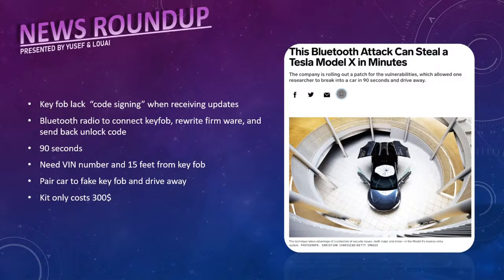The thing is, when you get inside the car, you need the original key fob to turn on the car. But if you connect a computer to a certain port in the car under some sort of storage compartment, you're able to just simply, I mean, I'm making this sound a lot easier than it is. It's definitely not simple, but you're able to connect your fake key fob to the car, posing as the real key fob. And then with that, you're able to turn on the car and drive away.